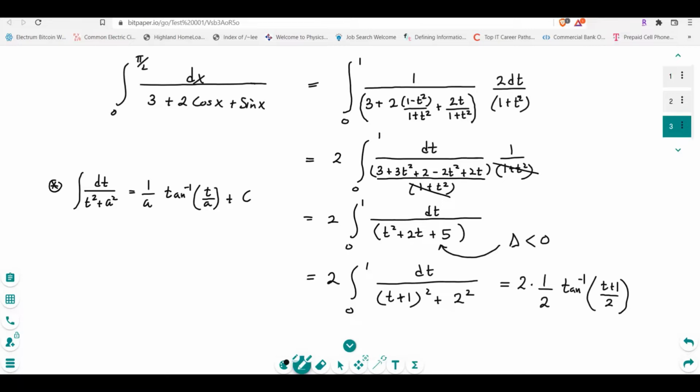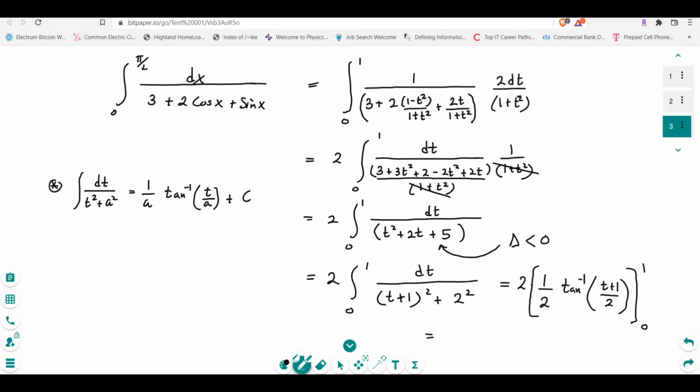Okay, and then I will take the limits of this from 0 to 1. So let's try to complete it over here. So I can take the 2 over 2 outside, and that will cancel with the 1 over here.